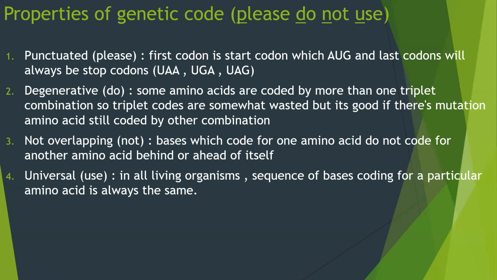And it's degenerate, which means that some amino acids can be coded for by multiple different codes, and this results in a lot of codes being wasted because they're all coding for the same amino acid. It's advantageous to the genetic code because if there's a mutation, there are also many different combinations which will result in the same amino acid. So the protein formed in the end will still be about the same.